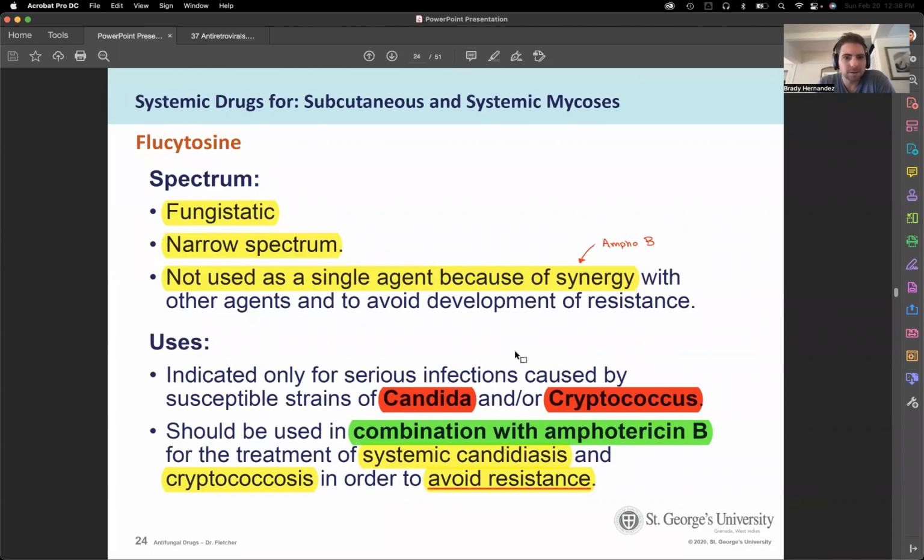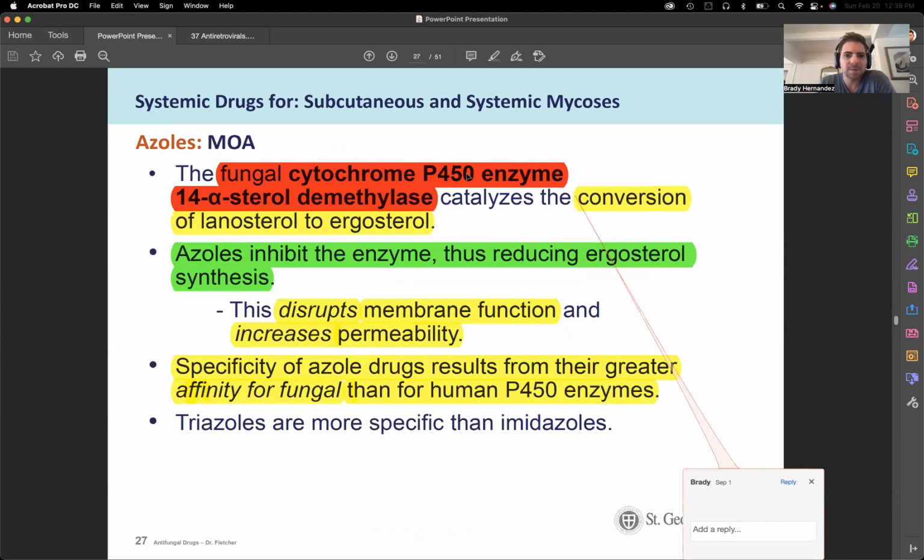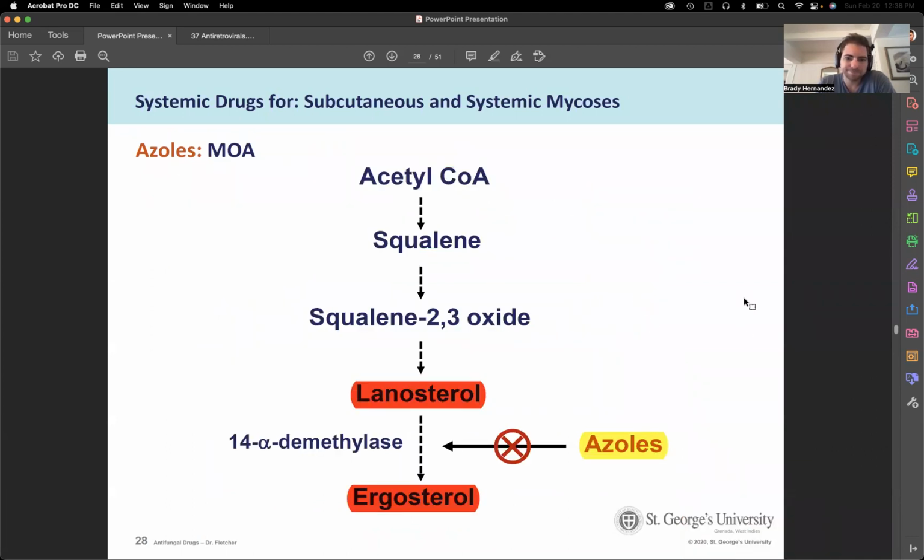Let's see, I don't really think they tested it. They tested us on the azole, so these are good to know. Ketoconazole, again, it prevents that ergosterol synthesis. So knowing that is a step in the right direction. You can see that here.